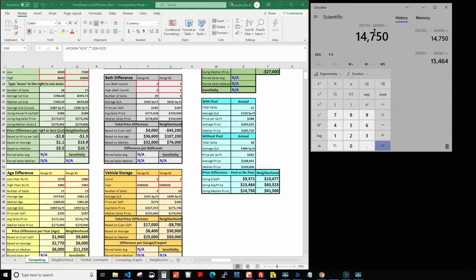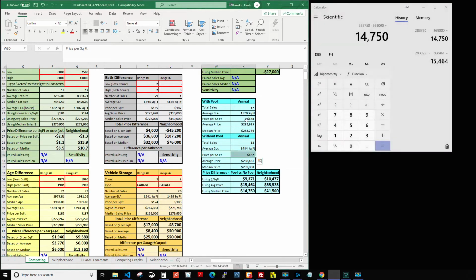Now we can complicate it a little bit by determining using price per square foot. Sometimes that's helpful, sometimes it's not, but let me just show you how you would do that. Essentially, I got the average price per square foot of all those with a pool, the average price per square foot of all those without. That's a difference of $6.